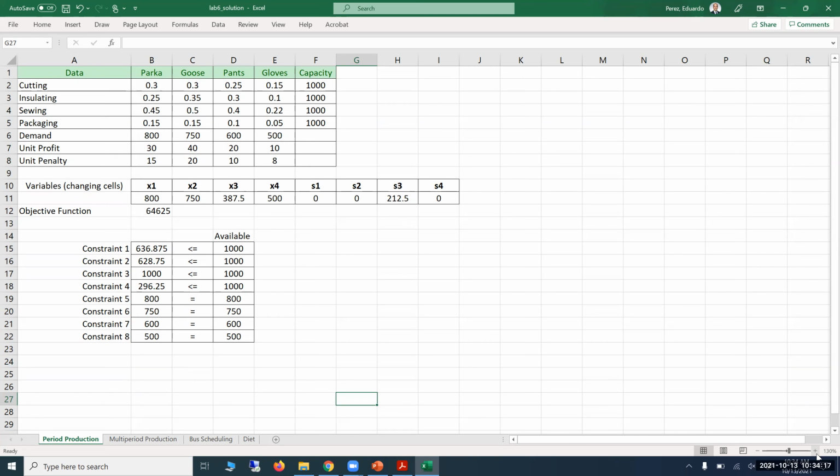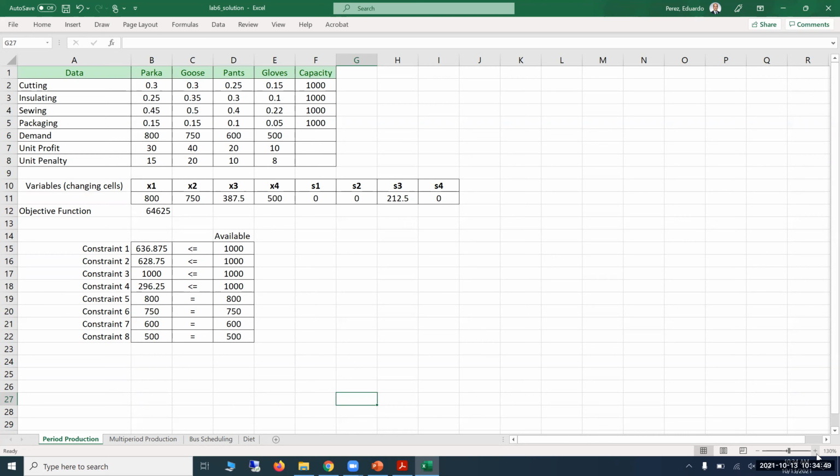That has to be allocated, so you can say x1 plus x1 equals 100.